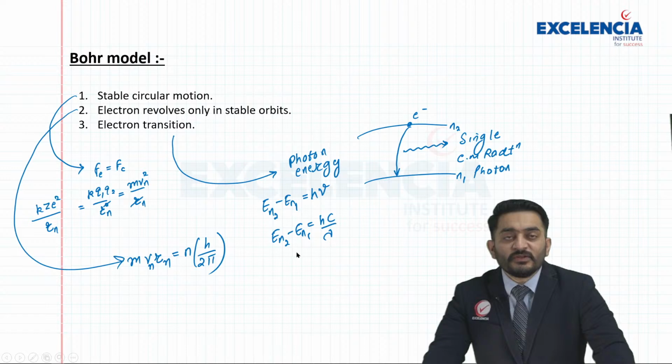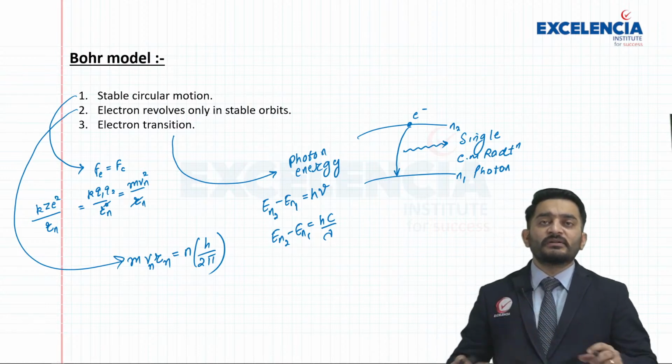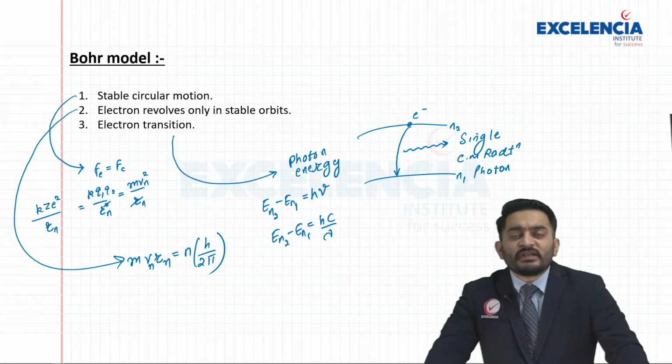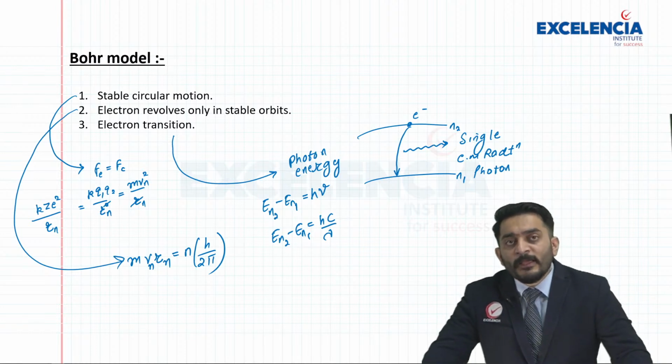So this is one particular formula which you can remember. The third postulate talks about the electron transition and the various factors you need to consider whenever the transition of energy takes place.